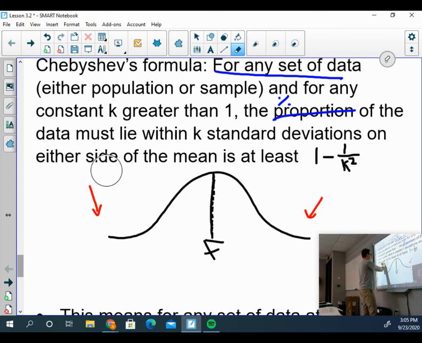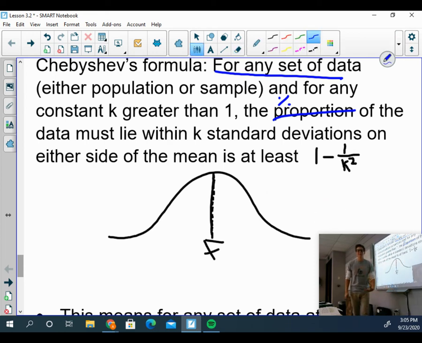Okay? Well, what the heck is a standard deviation? Well, standard deviation is how much we expect the data to vary. Okay? So a standard deviation could be out here. What does that mean? One standard deviation, remember a standard deviation is how much we expect the data to vary.